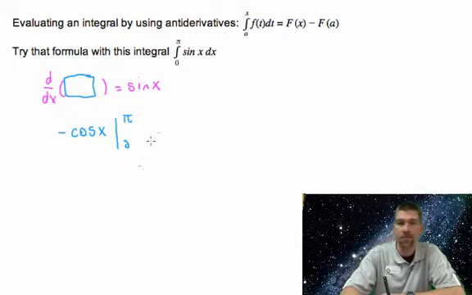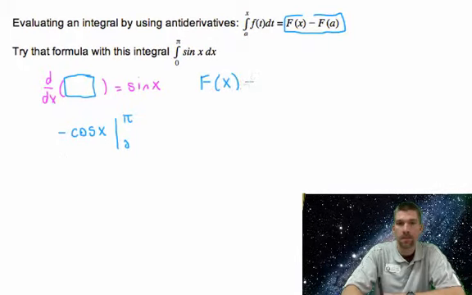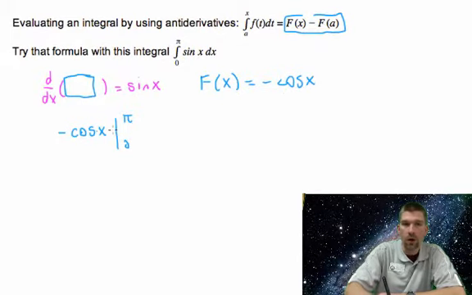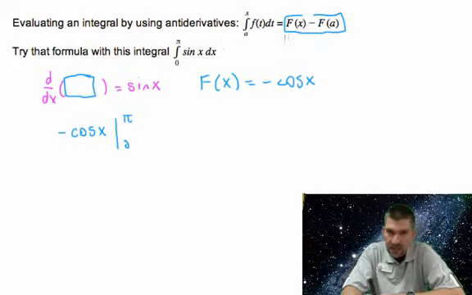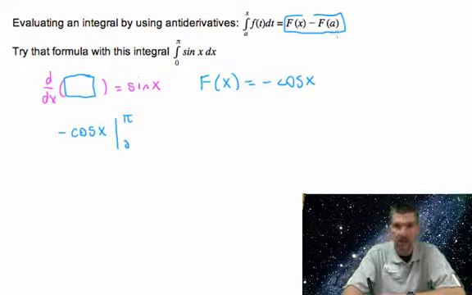Well, what does that mean? That means we're going to follow this step right here. F of x for this problem is negative cosine x. So we're going to stick in our upper limit, pi, and our lower limit, 0.